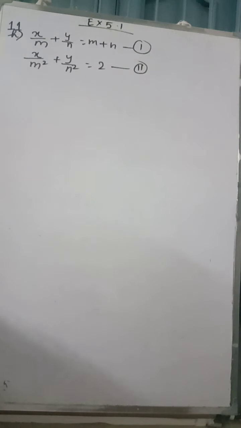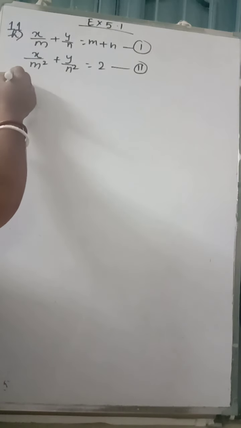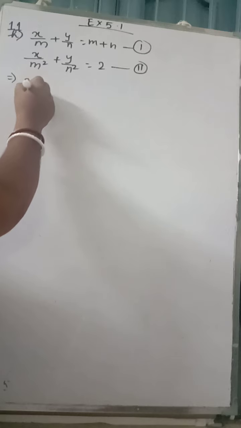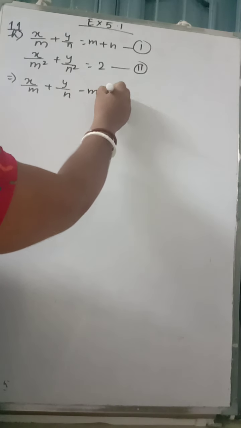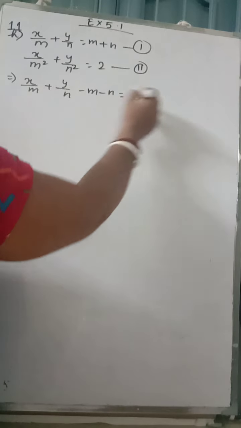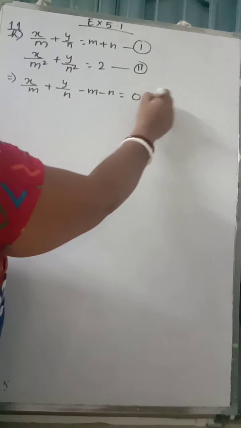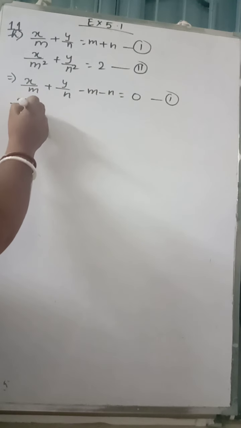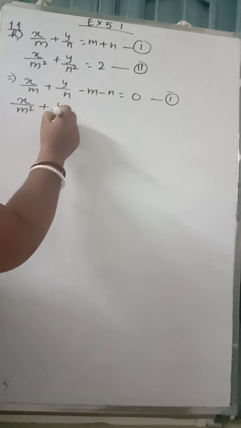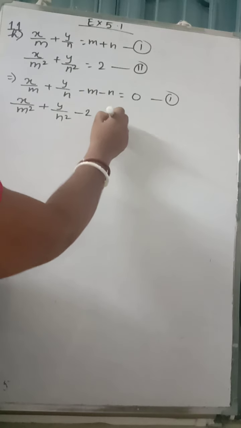So here we can write x by m plus y by n minus m minus n is equal to 0. This is 1. And x by m square plus y by n square minus 2 is equal to 0.